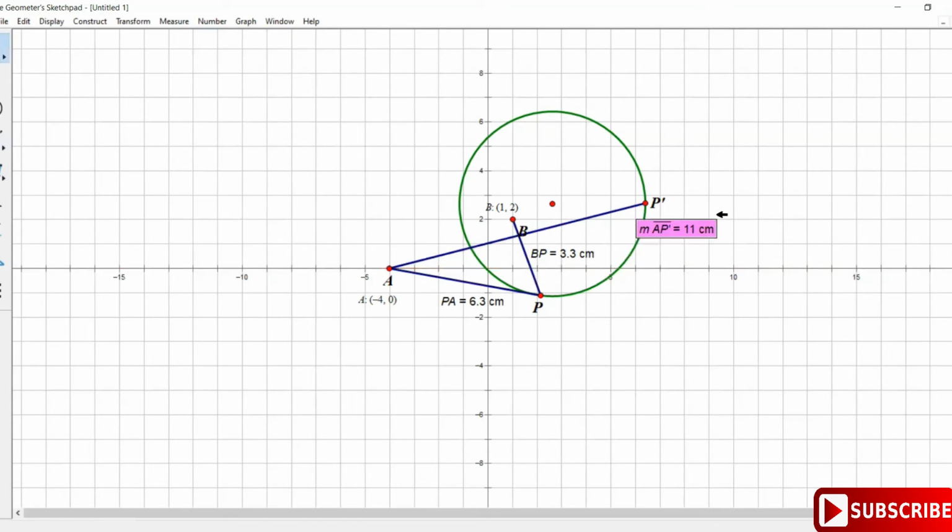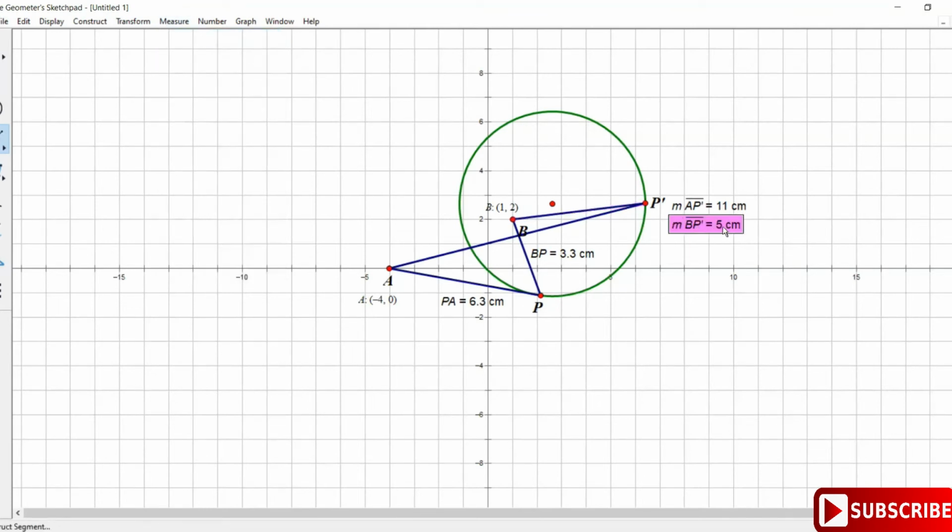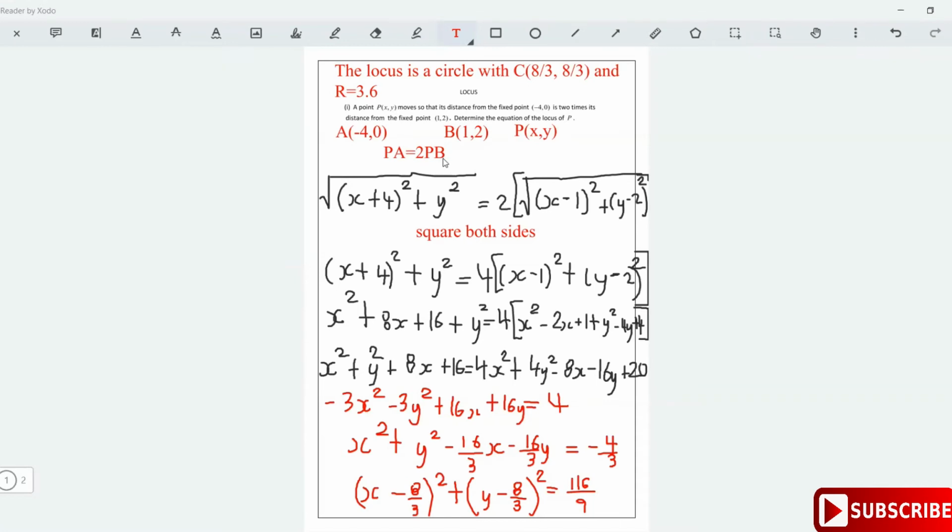Look at this, 11 centimeters. If you measure the distance now from B to this point P, I guarantee that the distance from B to P is going to be half of that. Measure that length. See it there? It's actually 5.5, but because I changed it to units, it's really showing you that it satisfies this criteria. This was a criteria that PA is always double the distance from P to B.